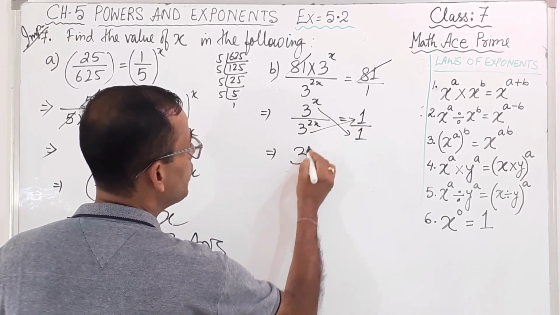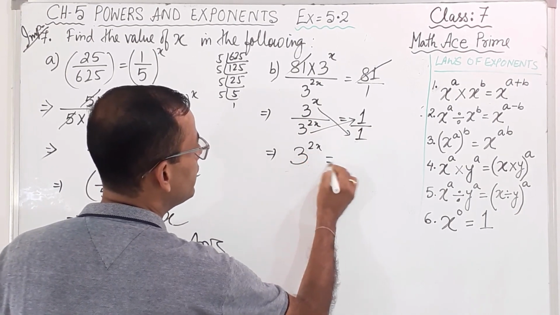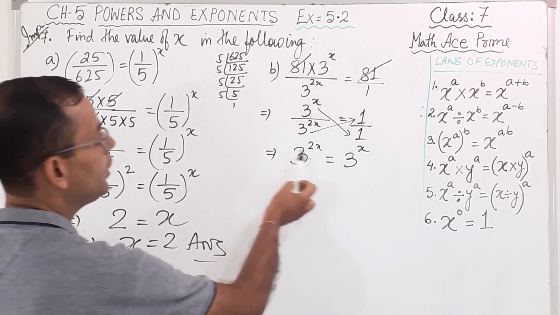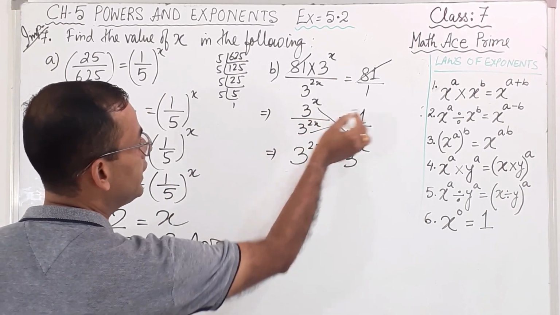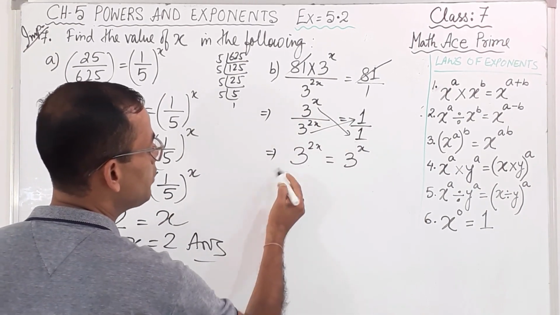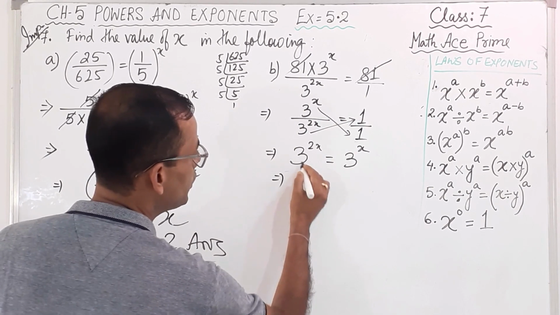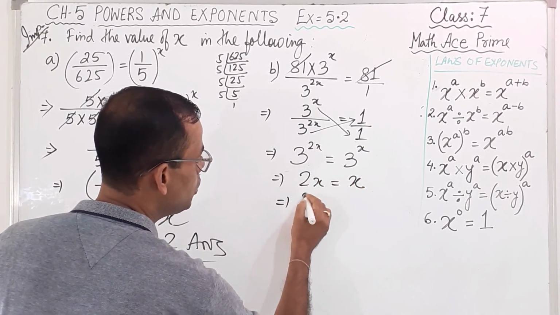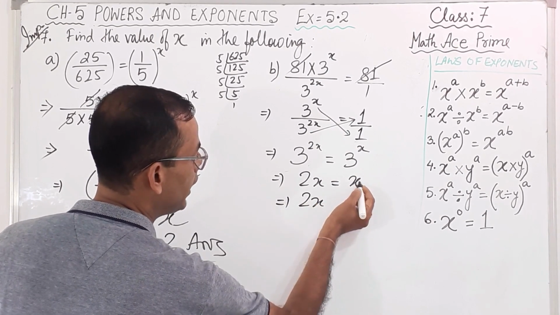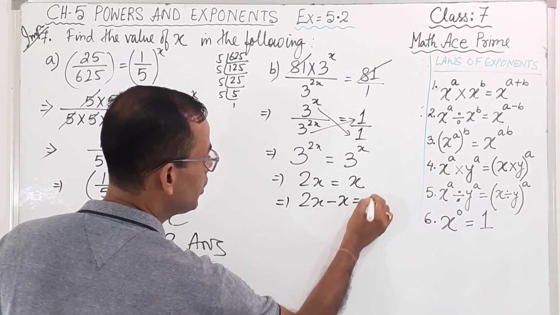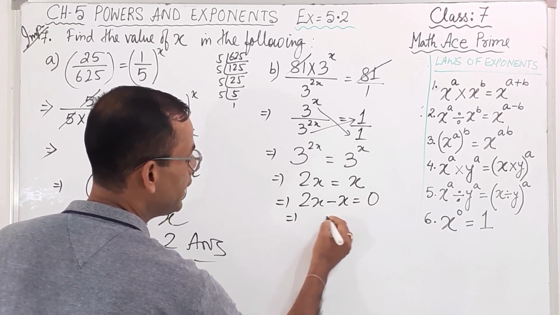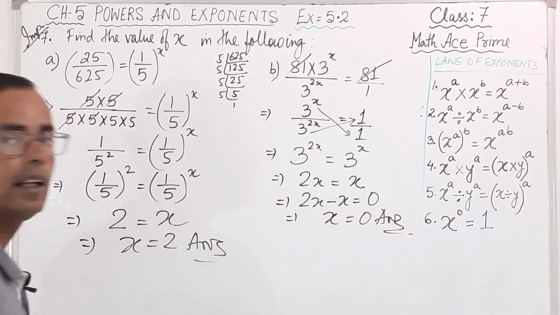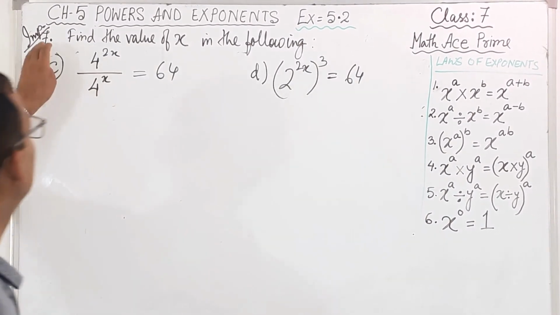So 3 to the power 2x is equal to 3 to the power x. This one and this one multiplying, this one and this one multiplying. Now what can I do? 3 disappears, so 2x is equal to x. So if this one comes on this side, 2x minus x is equal to 0. So 2x minus x is what? x. x is equal to 0. Answer. Clear?